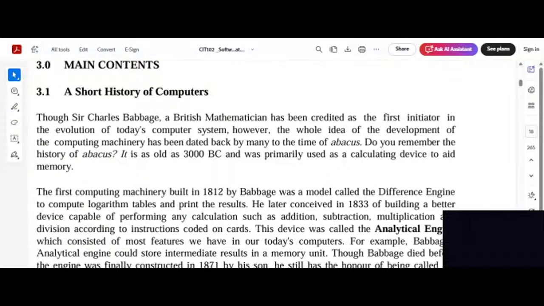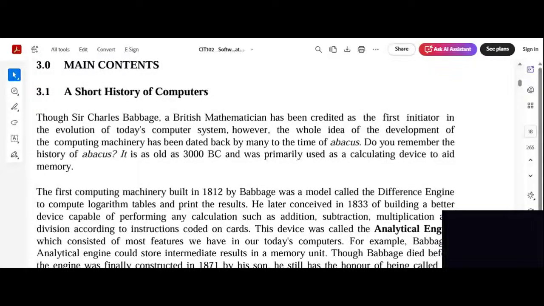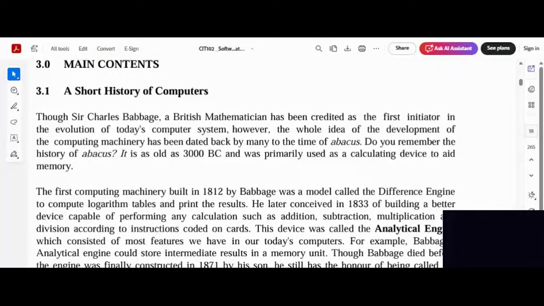However, the whole idea of the development of computing machinery has been dated by many to the time of the abacus. Do you remember the history of the abacus? It is before Christ and was primarily used as a calculating device to aid memory.